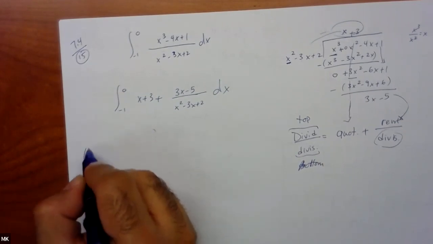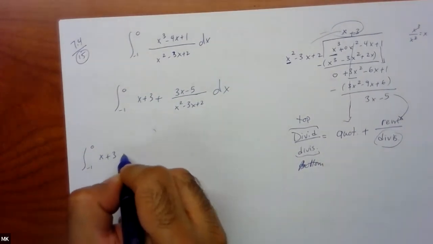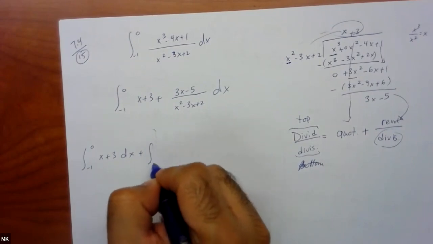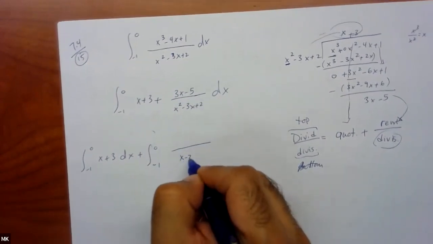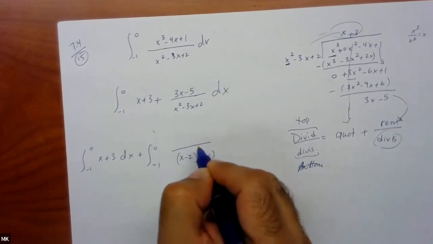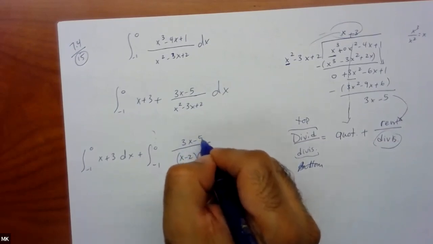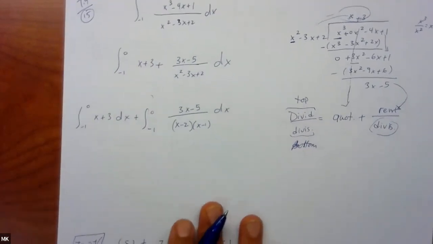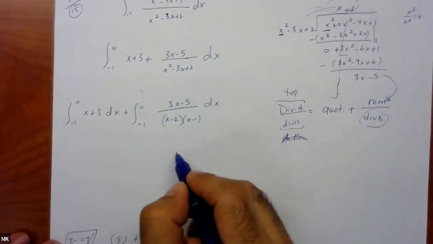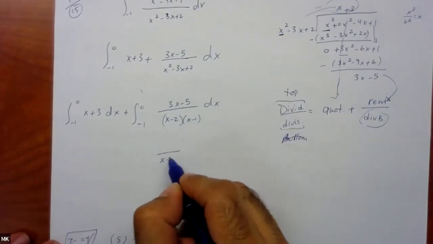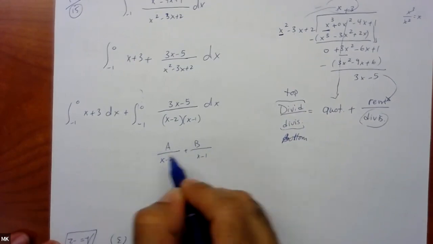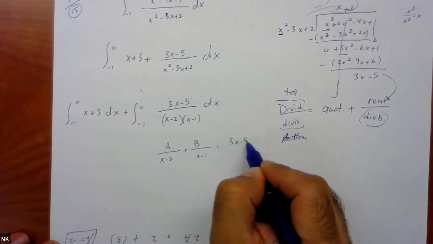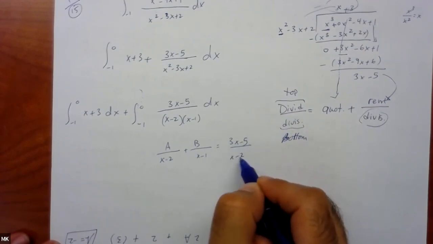Anyway. So I get the integral from -1 to 0 of x plus 3, and then -1 to 0 of this part, which I can now factor. Then I can do a partial fraction decomposition of this. I switched the order just because of the spacing.